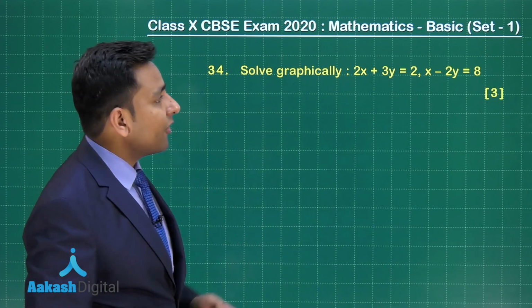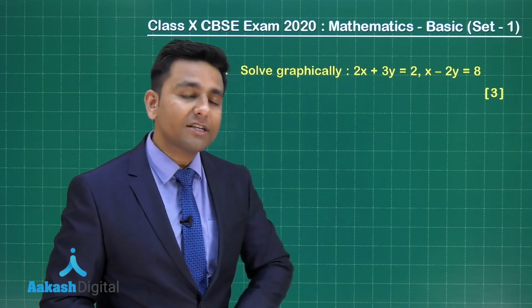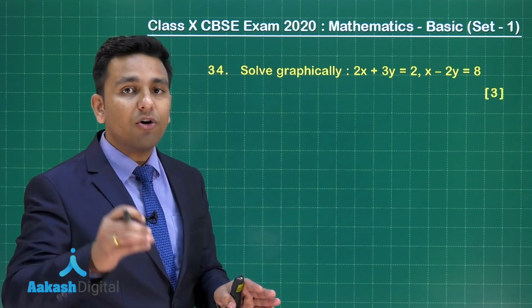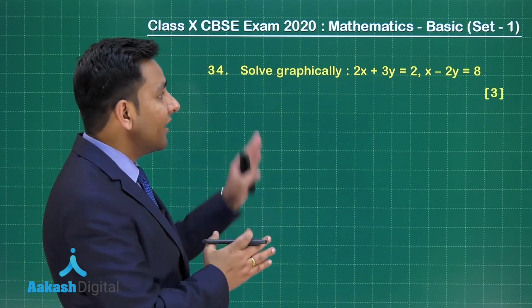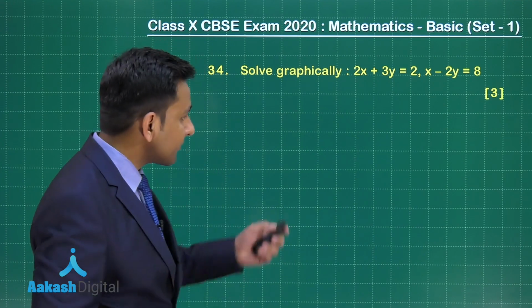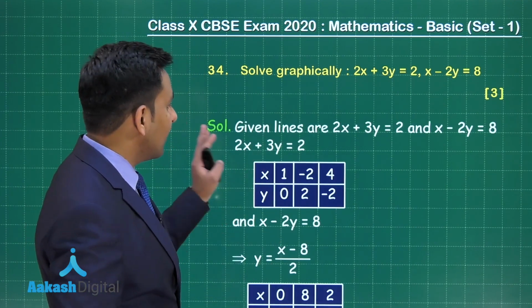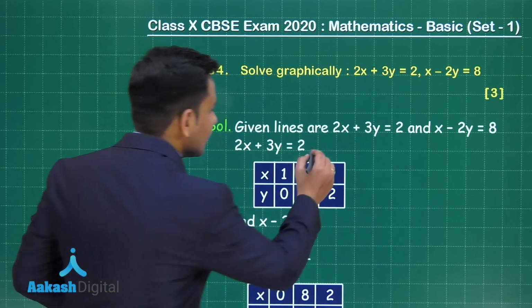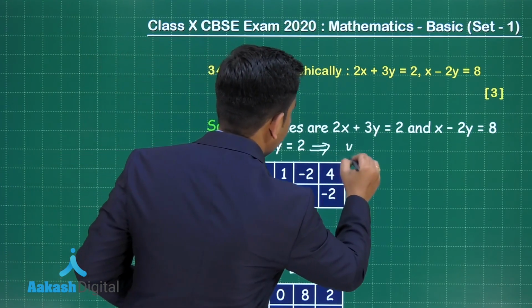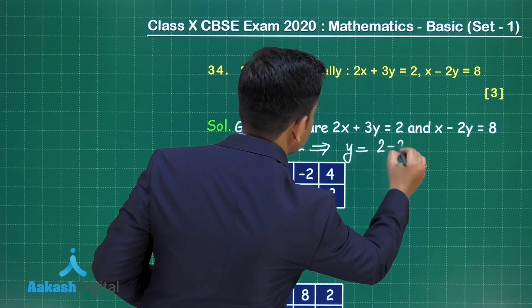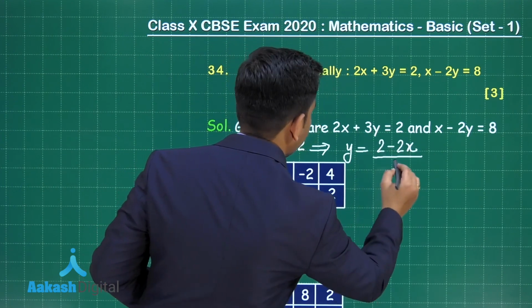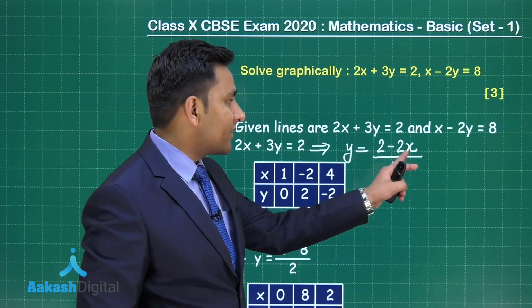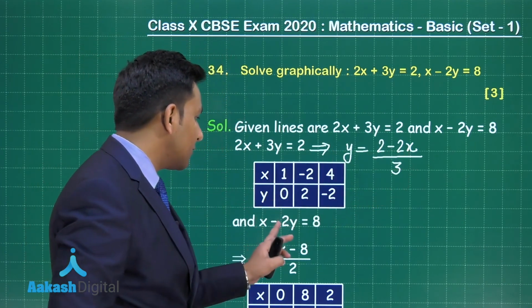Let's plot the graph for the given pair of linear equations in two variables. Before that, we will be finding the coordinates of points which satisfy the given equations. So I'm starting with the very first one, that is 2x plus 3y is equal to 2. Friends, we can write this equation as y is equal to (2 minus 2x) divided by 3. Now when I put x is equal to 1 in this equation, what am I getting? y is equal to 0.